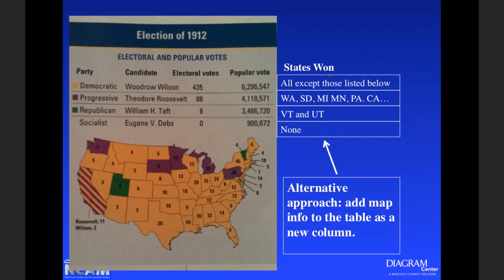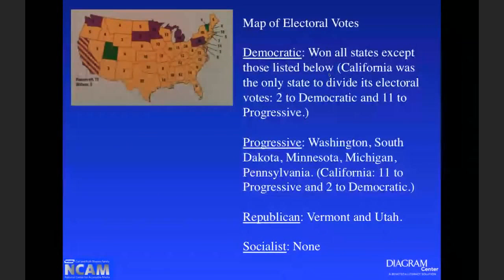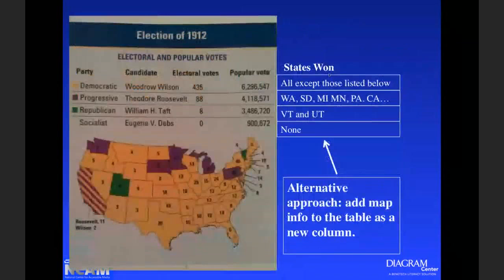You're probably talking about a list that lists every single state and its electoral votes and who it went to. So again, context is key in knowing whether that level of breakdown is necessary or not. In this case, it wasn't. The states were important to know who they went to, but the electoral breakdown, the numbers, were not important. So we didn't do that in this case. The totals were important, but they're provided already.